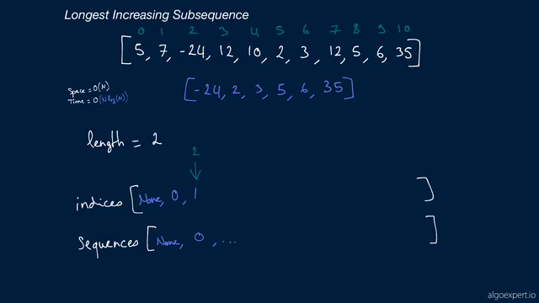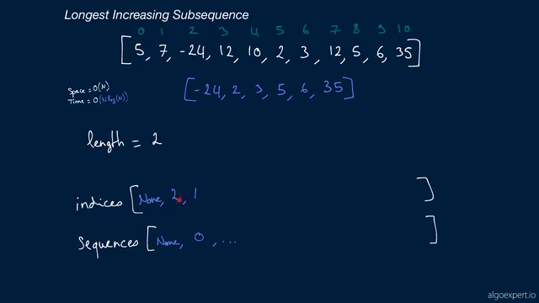Okay? So what do we do? Well, what we're going to do is we're going to update here. Instead of storing 0, I just erased 0, we're going to store 2 now, which 2 represents negative 24. Because remember I mentioned earlier, and I said this was going to be important, and I'll reiterate it here, at each index in this indices array, we want to store the smallest number that can come at the end of an increasing subsequence of length I, where I is the index that we're at.